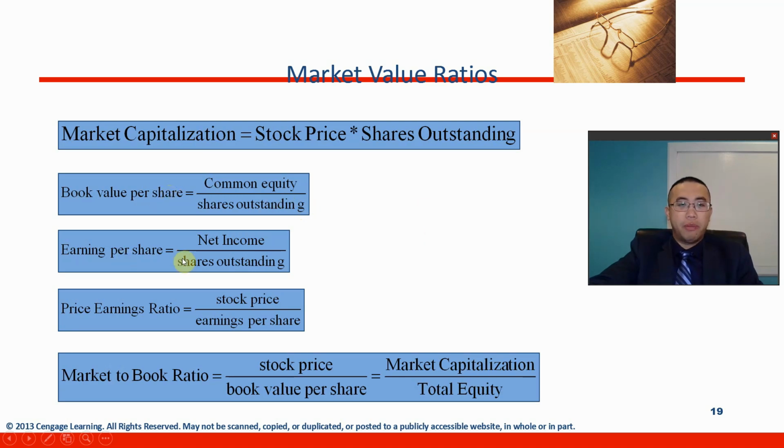You also have earnings per share, which measures the earnings perspective. You use net income divided by shares outstanding, and of course, net income goes to stockholders. The price to earnings ratio is the stock price over earnings per share, and it will fall into a certain reasonable range, usually between 20 to 30.